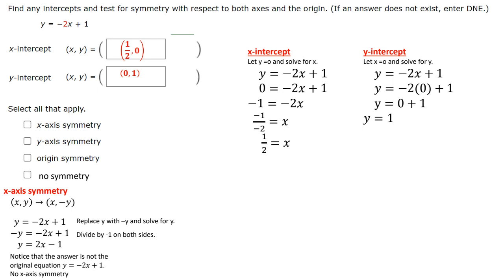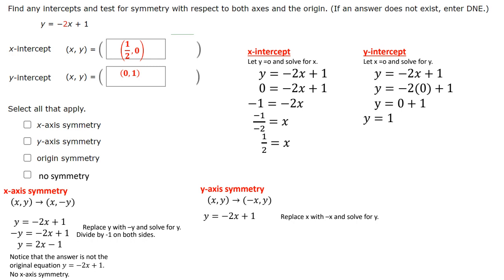We do that by multiplying by negative 1 on both sides. And we see that we get y is equal to 2x minus 1, which is not the same equation. So since it's not the same equation, it does not have x-axis symmetry.